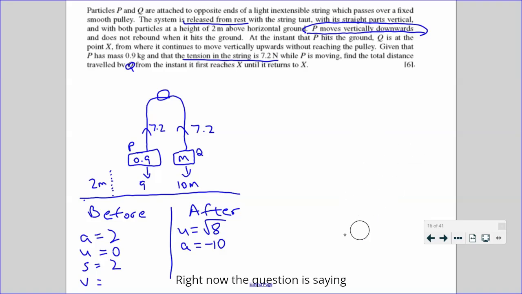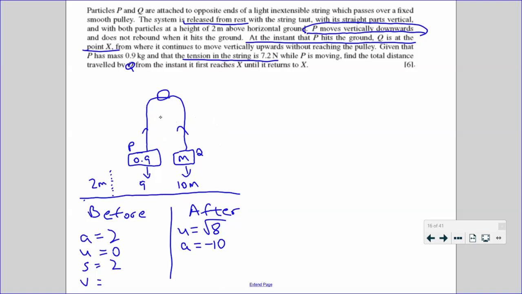Right, now the question is saying, at the instant P hits the ground, Q is at the point X. Okay, so what will happen is, now let's just remove this tension. P will go down by 2 meters, Q will go up by 2 meters, right? So Q is over here.